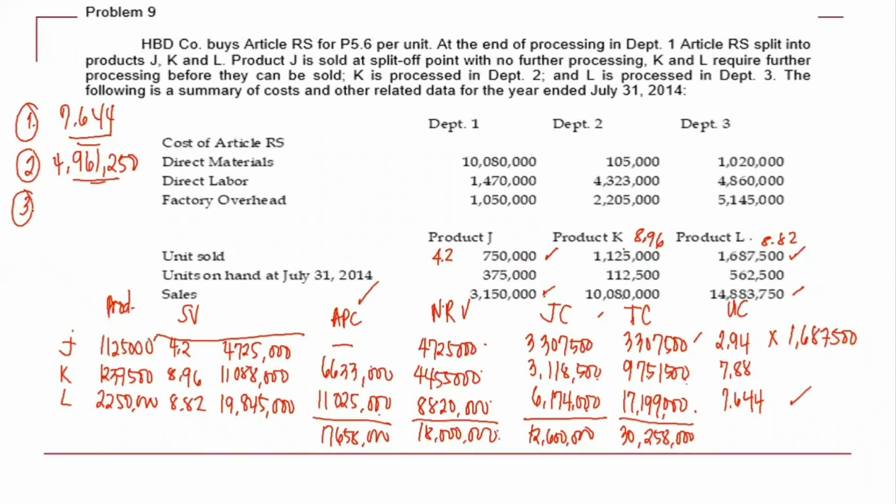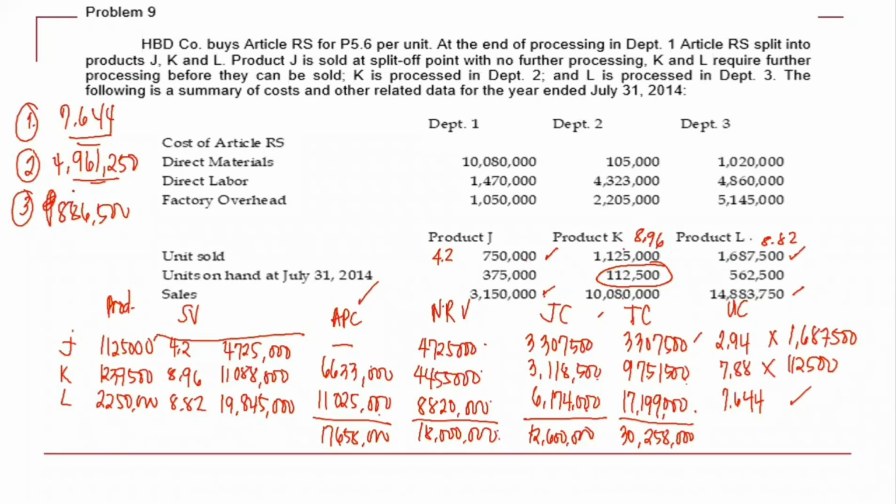And lastly, ang tinatanong naman po ay kay product K. Ending inventory ng product K, 112,500. Multiply natin sa unit cost ni K times 112,500. So what would be our answer? So that would be 886,500 pesos. Ayan.